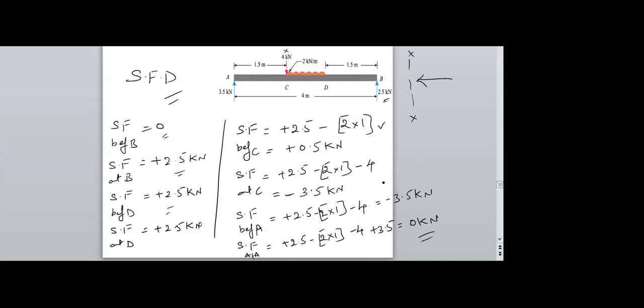So now using all these values, I need to draw the shear force diagram.